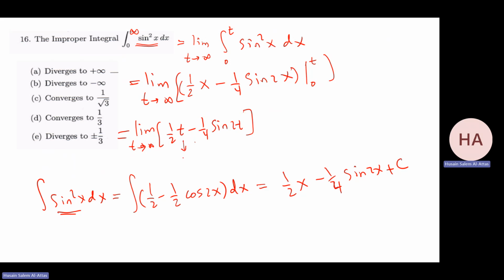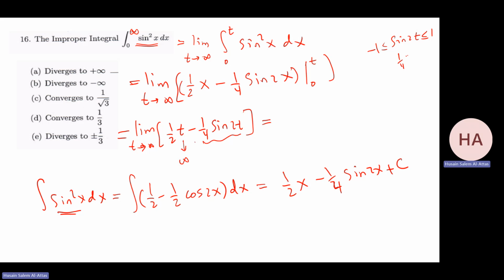This goes to infinity, minus this one, which is just a bounded value. Actually, it will not converge, but sine 2t is between -1 and 1.